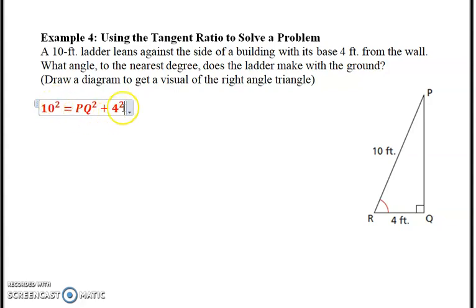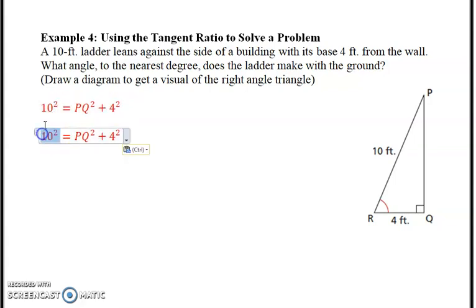Okay, so I skipped that first step, but it's just simple Pythagorean theorem. You guys know how to do that. So we're going to solve, so we'll square those, we get 100, we square the 4 and we get 16. Then you're going to subtract 16 from both sides, as you guys are aware, and you're going to get 84 is equal to PQ squared, and then you take the square root of both sides.